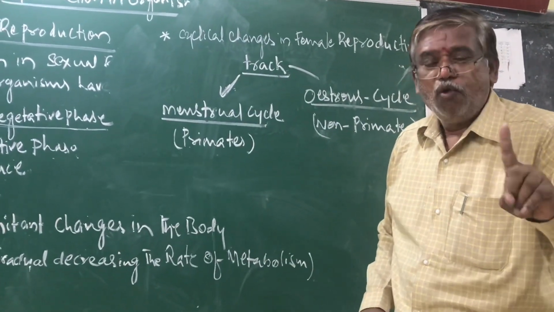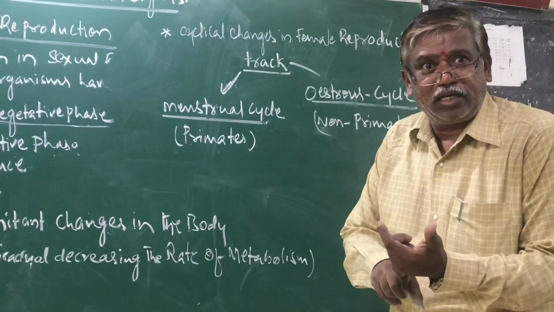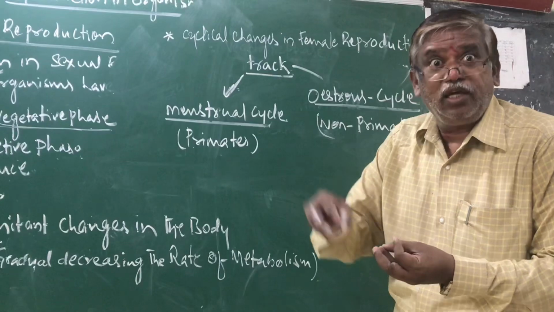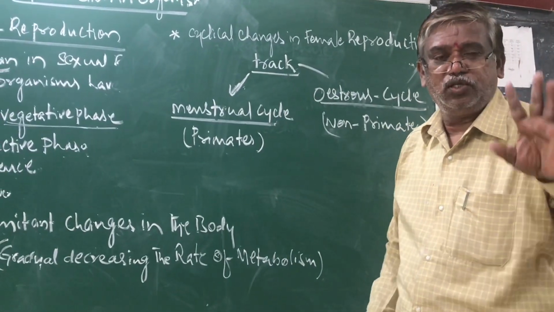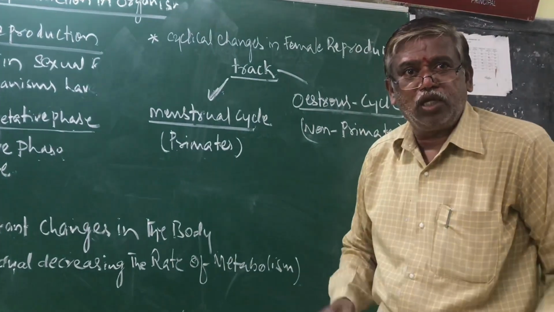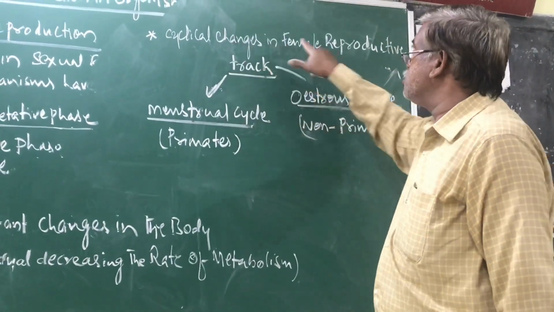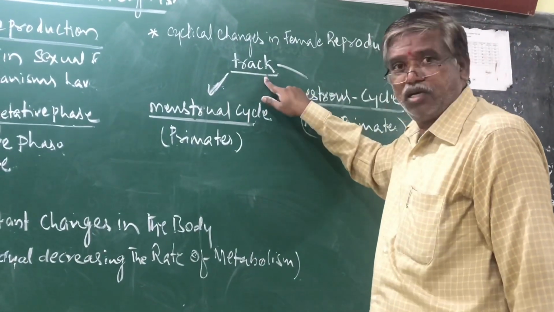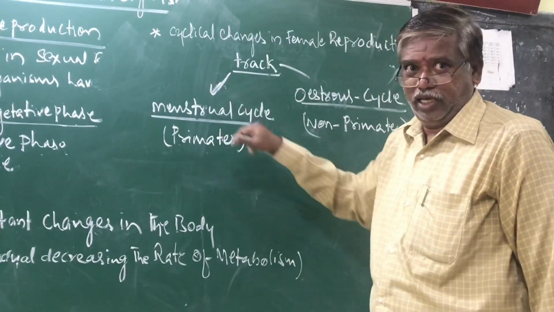So when you state the definition, put together all these words: cyclical changes in the female reproductive tract of primates is called the menstrual cycle.